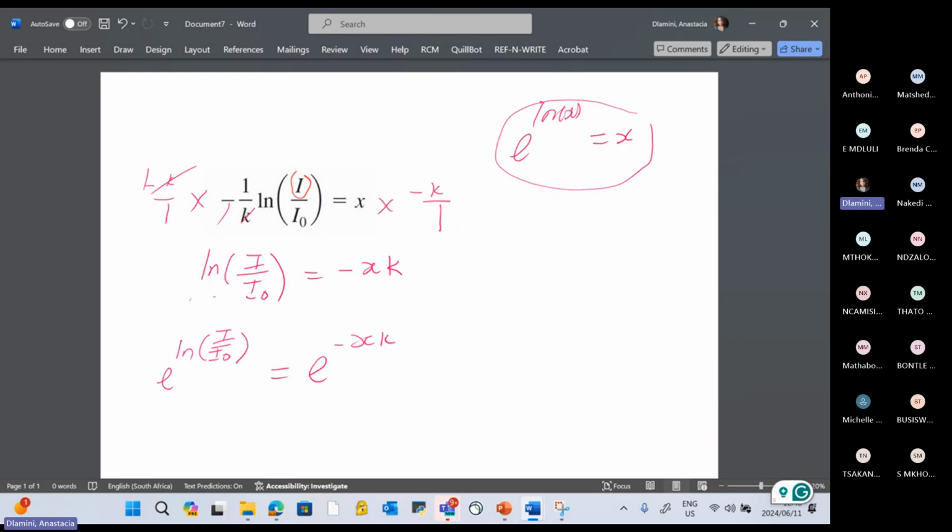And then according to this one, as soon as you raise to the power, you're only left with x, meaning you're only left with I over I0 is equal to e to the minus xk. So then I is equal to I0 e to the power of negative xk. Where did you guys go wrong?